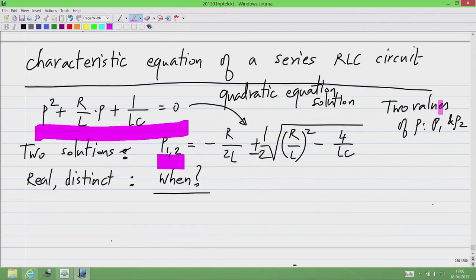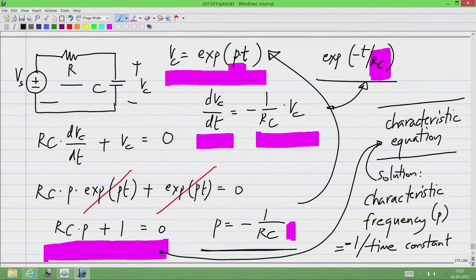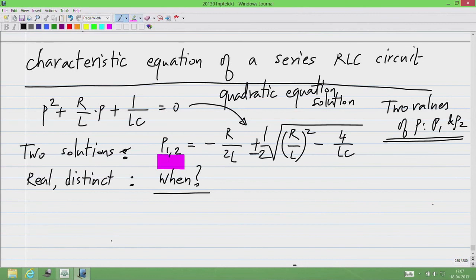Clearly there will be two exponentials which will satisfy this. So, please tell me, when will the two values P1 and P2 be identical to each other? Clearly there are two values, one when this is plus, one when this is minus. So, my question is, when is it that the values of P1 and P2 be identical to each other?